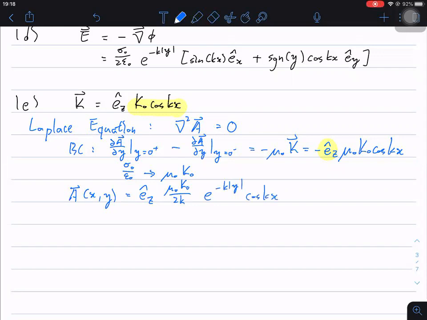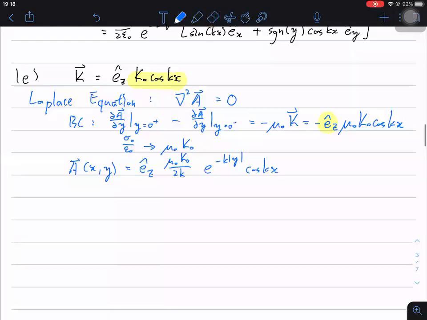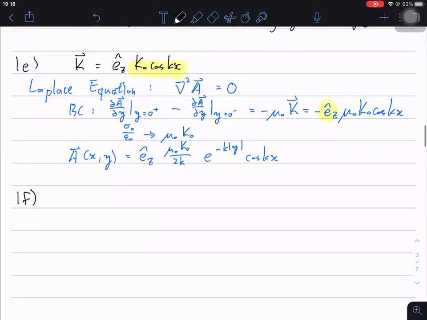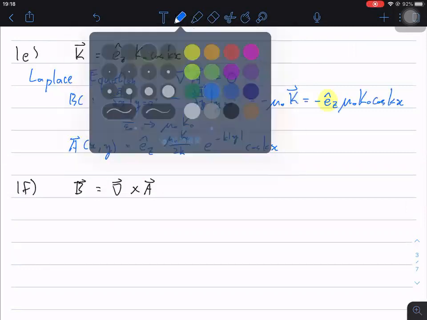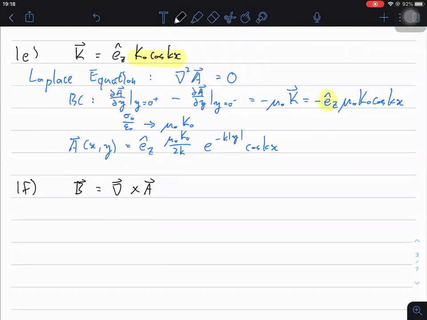Okay, so that's the solution of 1E. And for 1F, finding the magnetic field again. The B field is just the curl of the vector potential.